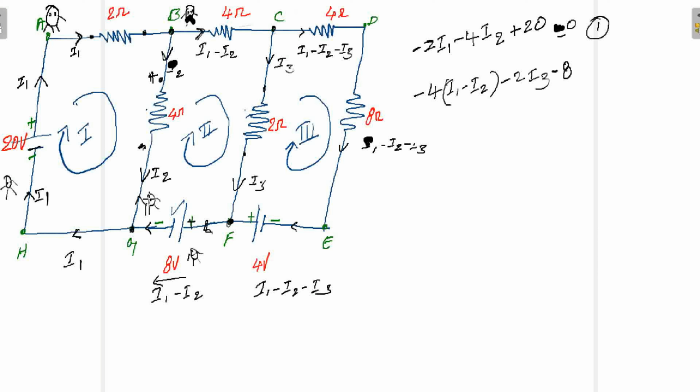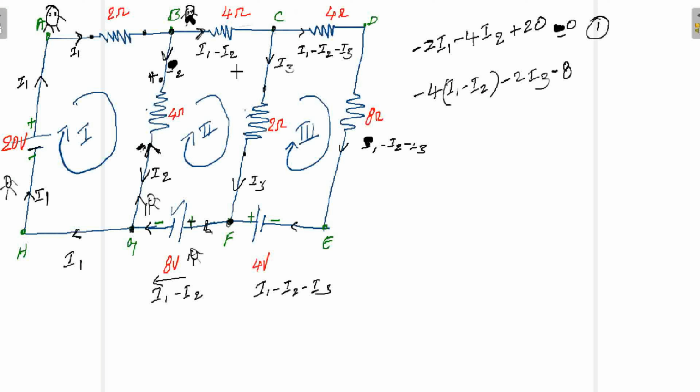But whenever you travel in this direction, from bottom to top, the voltage is rising. Positive to negative is a voltage drop, and from negative to positive is nothing but a voltage rise.